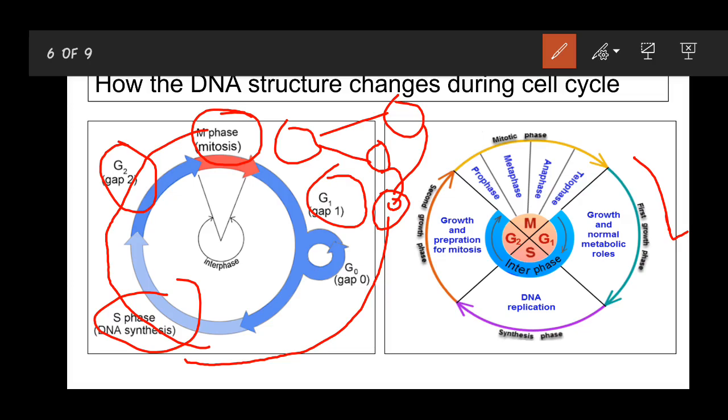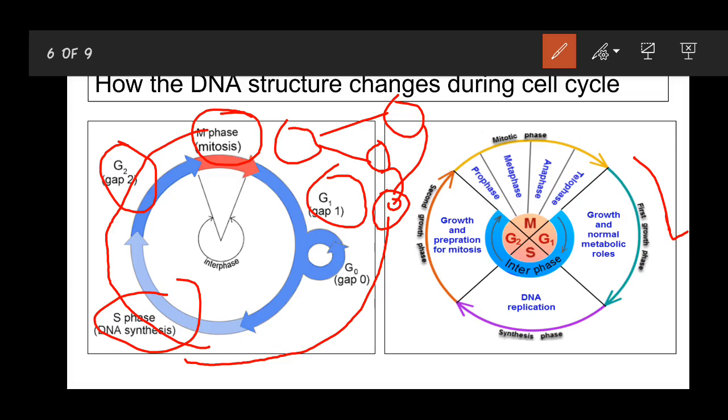So there will be an increase in the DNA content, or doubling of the DNA content, during this particular stage of the cell cycle, which is called the S phase, where the DNA content or the nucleic acid content doubles.